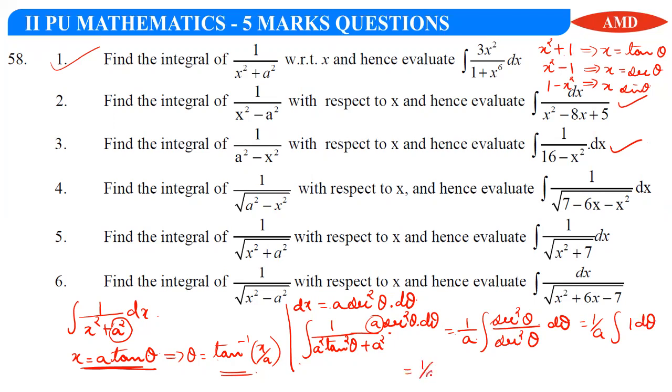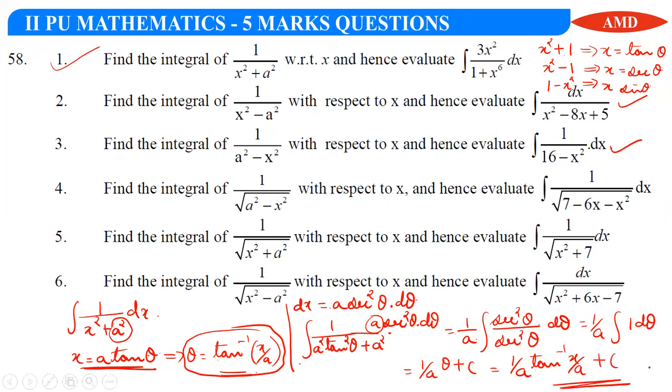That is equal to 1 by a, integral of 1 is theta plus c. That is equal to 1 by a, theta is nothing but, I have written it here, a tan inverse of x by a. Tan inverse of x by a plus c. So this is the derivation of the first problem.